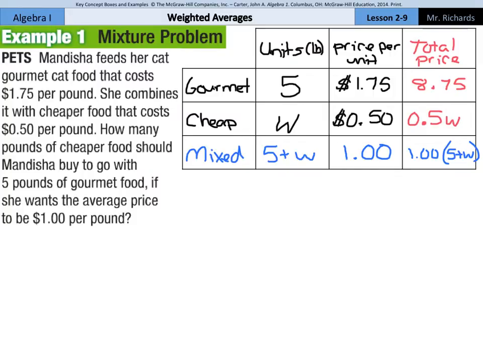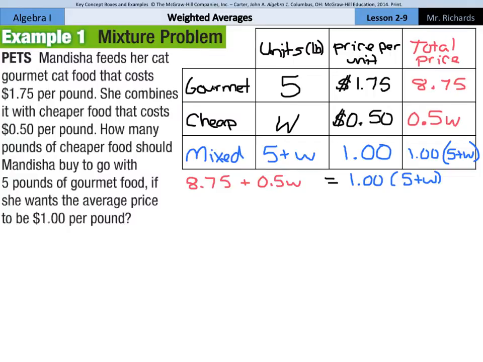The left side being $8.75 for the gourmet plus the 50 cents times our W for our number of units here. That's going to equal our $1 times the 5 plus W. So the total price of the gourmet and cheap needs to equal the total price of the mixed, and that should kind of intuitively make sense here.